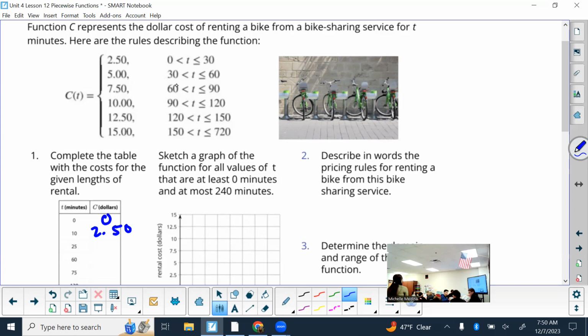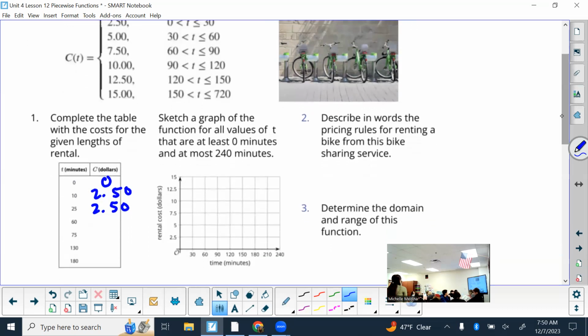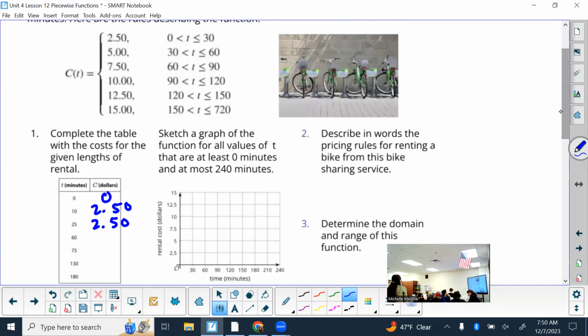So fine, $2.50 is correct. Where T could be 25, is 25 between 0 and 30? So then you look at that output. And that tells you. So then table 5, what about when it's 60 minutes of riding? Okay, $7.50, class, agree?